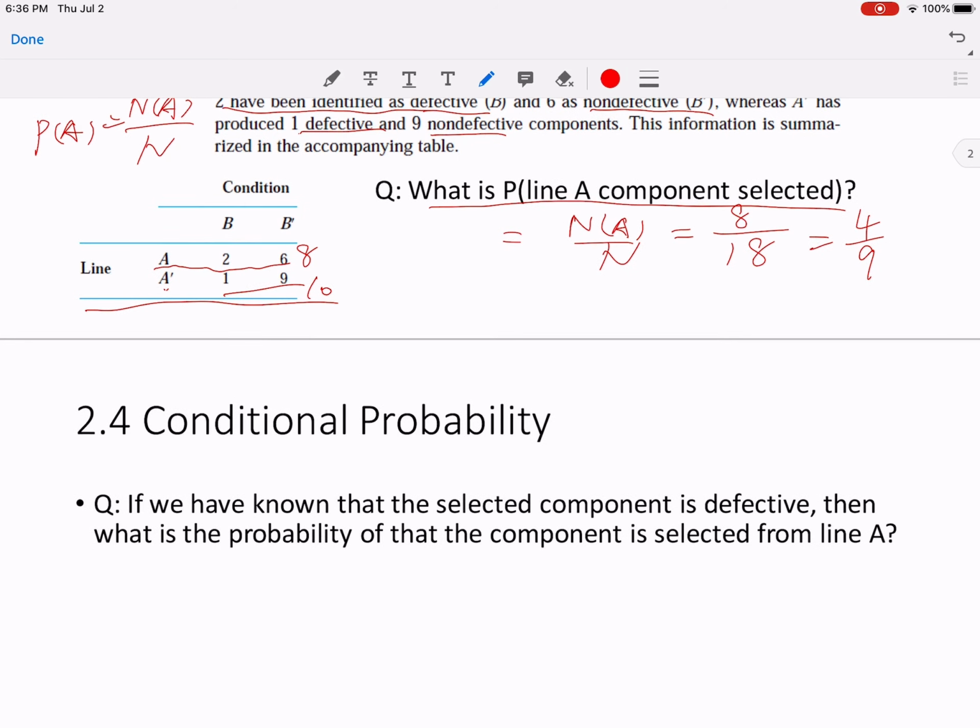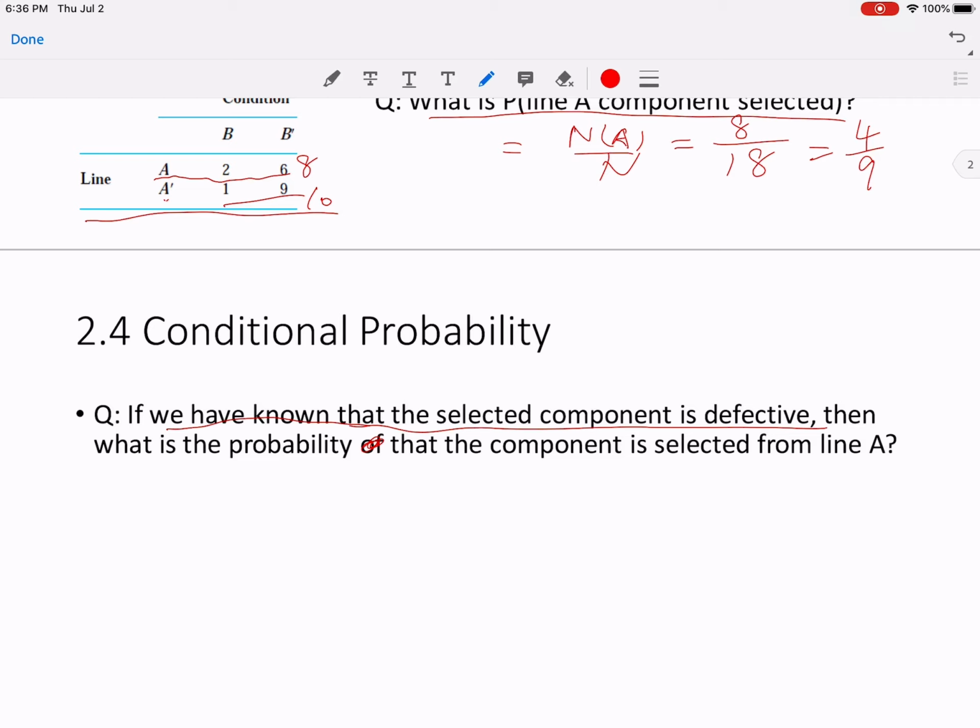So once this is clear, let's take a look at this question here. If we know that the selected component is defective, then what is the probability that the component is selected from line A?